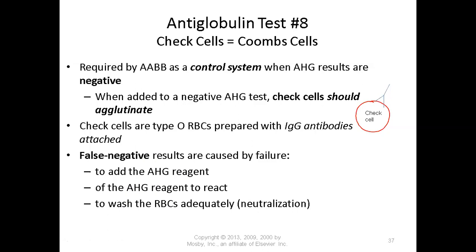When we review antiglobulin testing in upcoming laboratories, I will stress this again: whenever we add antiglobulin reagent to a tube, we have to wash what's in that tube first. In the last lecture, I mentioned that washing removes unbound proteins such as IgG floating around in the tube, or complement proteins present in the tube. Washing removes them so that they're not going to react with our AHG when we add it.